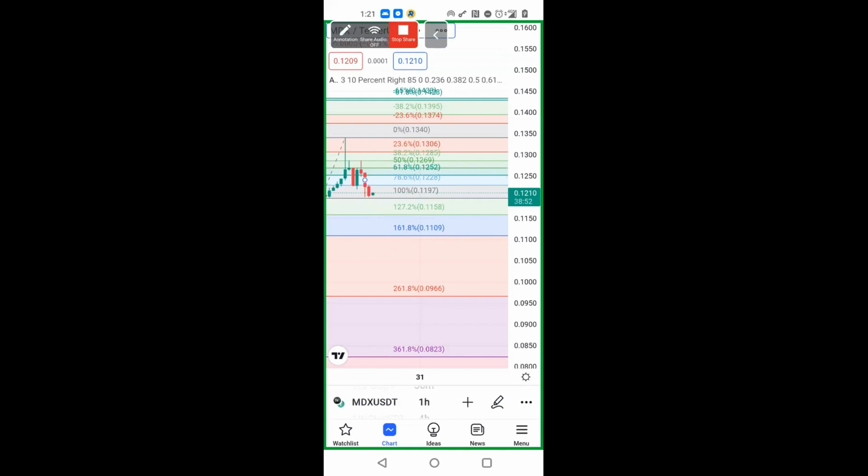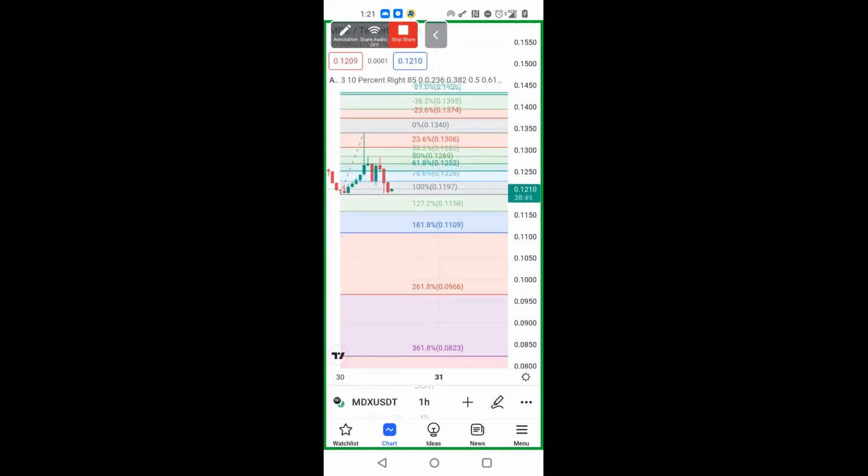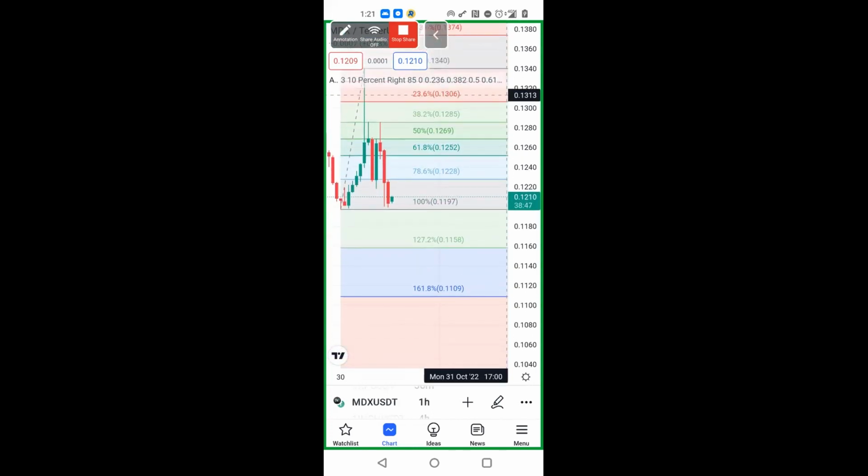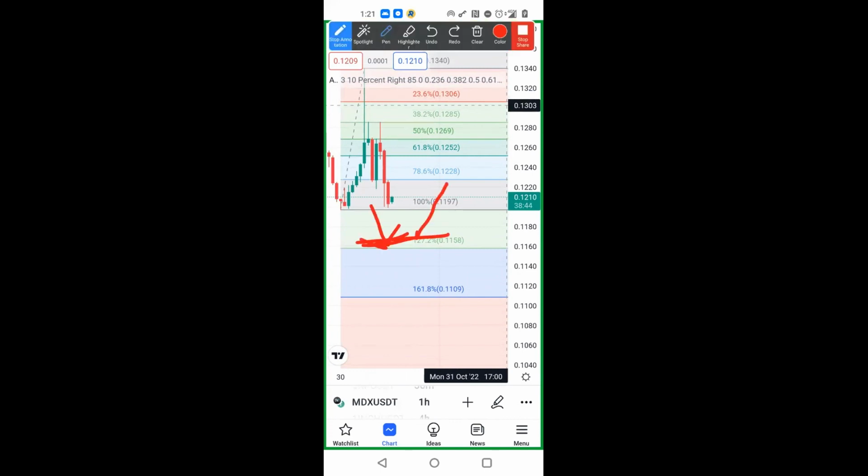For example, this is MDX in the 1 hour time frame. You see the market moved from here to here, sorry, to 0 above. It had to retrace. Either it had to stop here unless there is a manipulation over here. But when there is a manipulation, like in this case, you see the market stopped here.